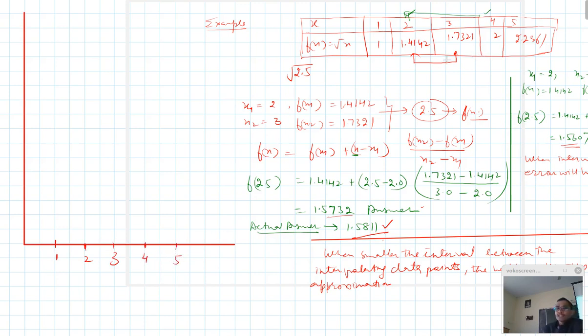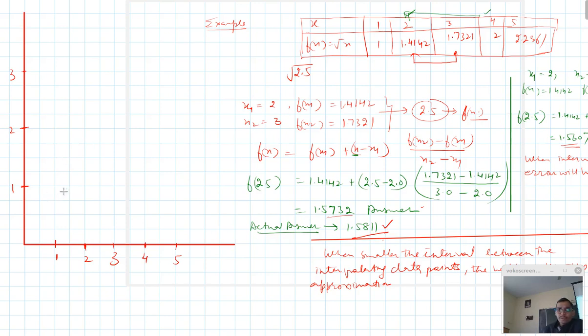These are the data points, and corresponding to 1 it is 1, then 1.414, 1.73, 2, and 2.23. This is 1, this is 2, this is 3.